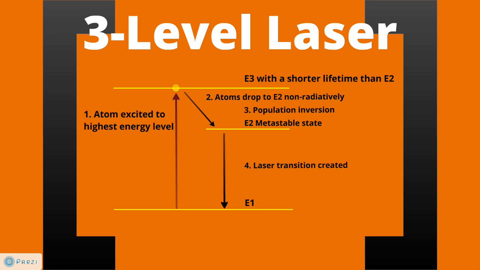Once the atoms reach the metastable state, they begin to accumulate here because the metastable state has a much longer lifetime, which means we get the population inversion we need between the metastable level and the lowest energy level, which would have had the atoms in it excited already. So as I explained before, this population inversion means stimulated emission is now the more dominant transition, and therefore we have the laser transition we need.